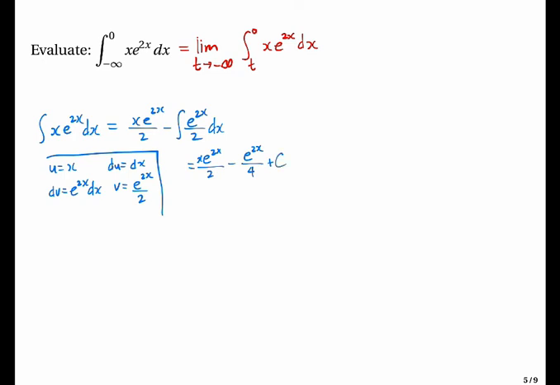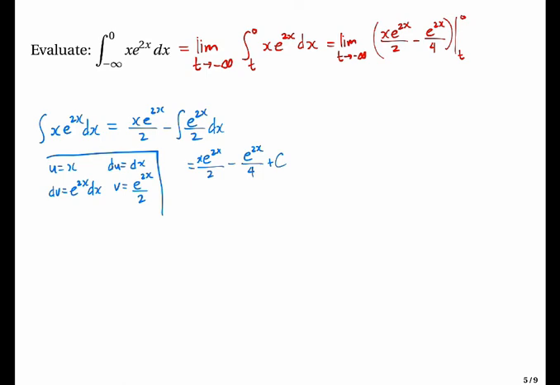Okay? And then for this, we have the limit as t approaches negative infinity of x e to the 2x divided by 2 minus e to the 2x divided by 4, and then we evaluate this from t to 0.